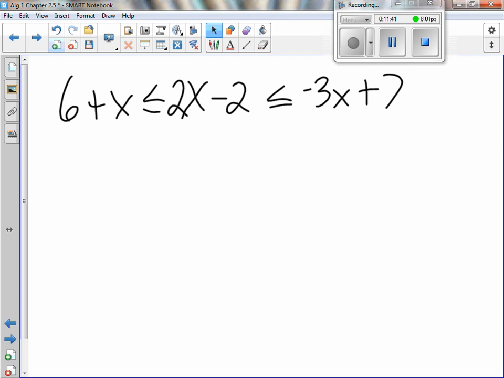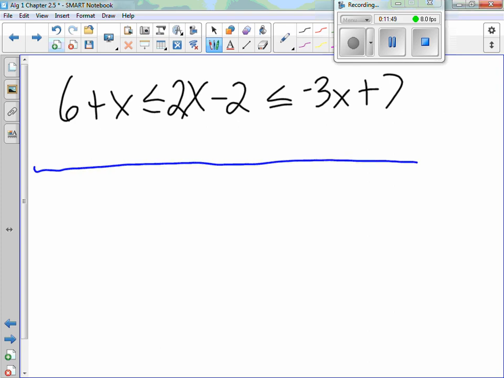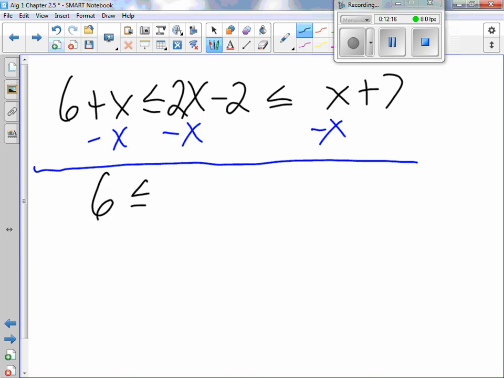So if I notice that there's variables on either side, I want to move them all to the middle. So I'm going to move this x first. I would need this to be x. I'm going to subtract it from all three sides because I'm moving it. And what that would do is give us 6 is less than or equal to, well, 2x minus x would be x is 2, and that would just give us 7.